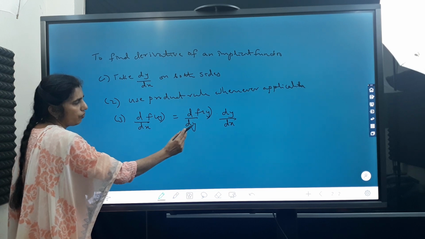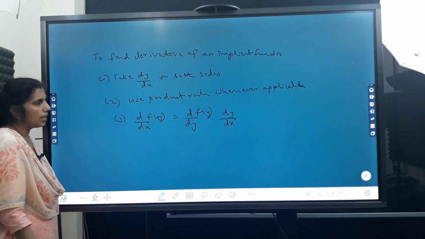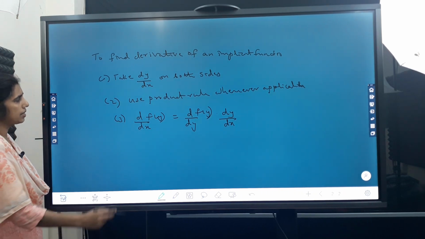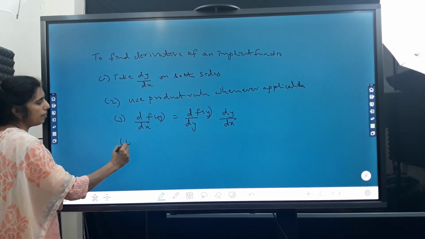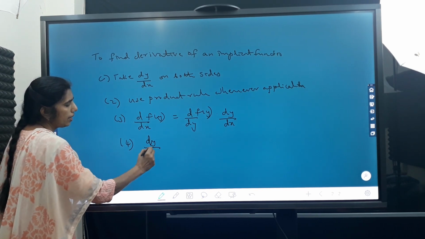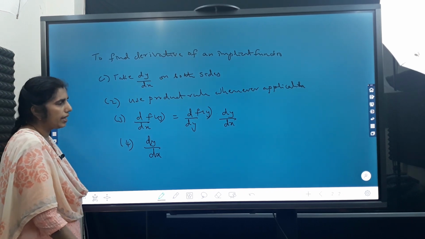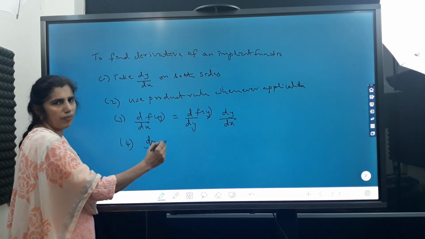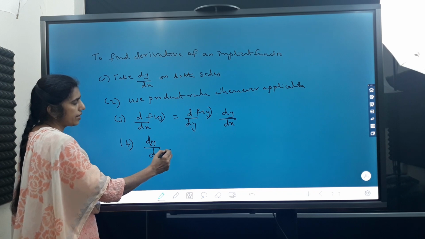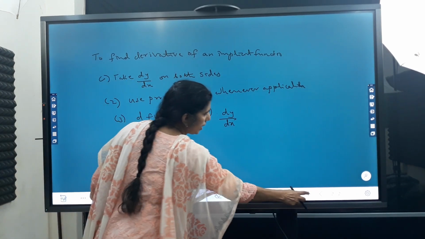Now, finally, take the terms with dy by dx on one side and the terms without dy by dx on the other side and divide it and find dy by dx.